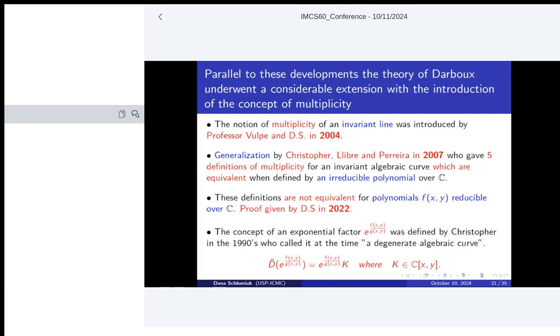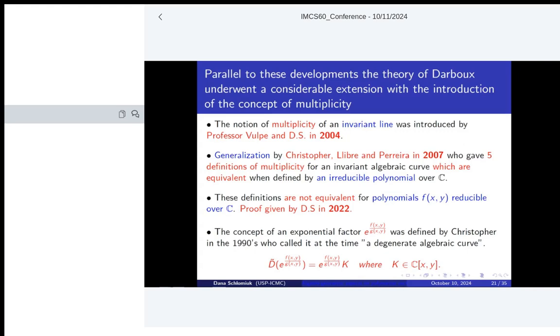Generalization followed in 2007 by Christopher, Llibre and Pereira, who gave 5 distinct definitions of multiplicity and showed that they coincide if the polynomial defining the invariant curve is an irreducible polynomial. But these definitions are proven not to be equivalent for polynomials which are reducible, and the proof was given by myself in 2022. Also, the concept of exponential factor, which is e raised to a rational exponent, was defined by Christopher in the 1990s, who called it a degenerate algebraic curve at first, but this is now called an exponential factor.